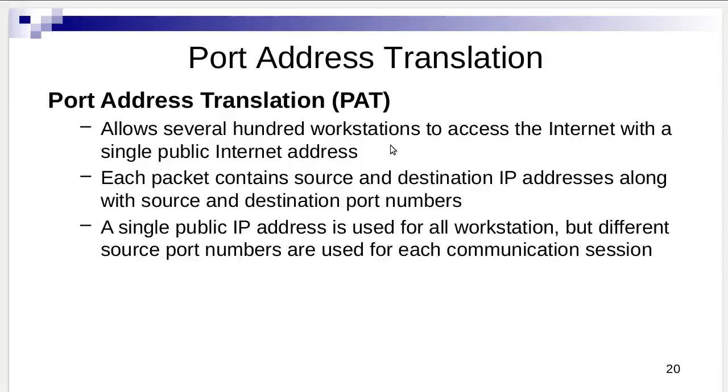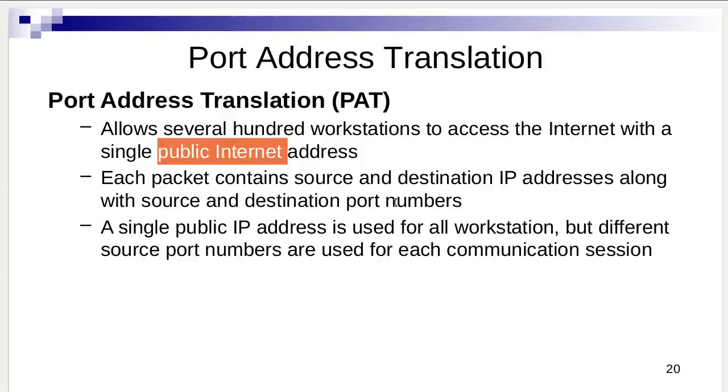But most of the time, what we use to track which computer on the inside you are talking to is port address translation. So this allows several hundred workstations internally to access the internet with a single public IP address. Each packet contains source and destination IP addresses along with source and destination port numbers.